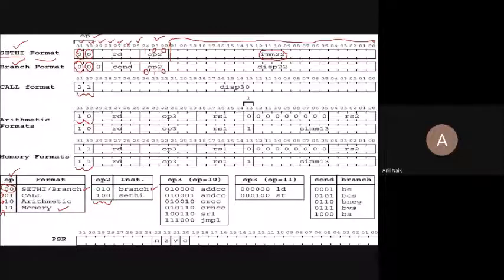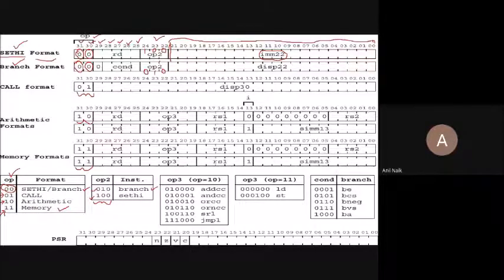Set high format: the 30th and 31st bits represent these 2 bits. 00 means set high or branch format. Once it is confirmed that it is either set high or branch, then we go for the OP2. OP2 will differentiate: 100 means set high, and branch means 010. These 3 bits differentiate that.